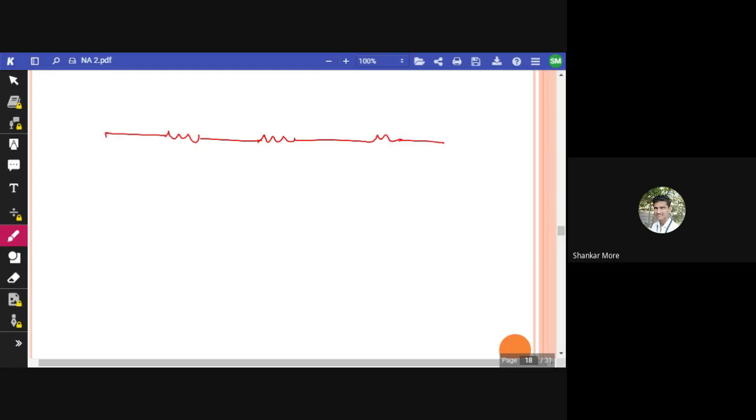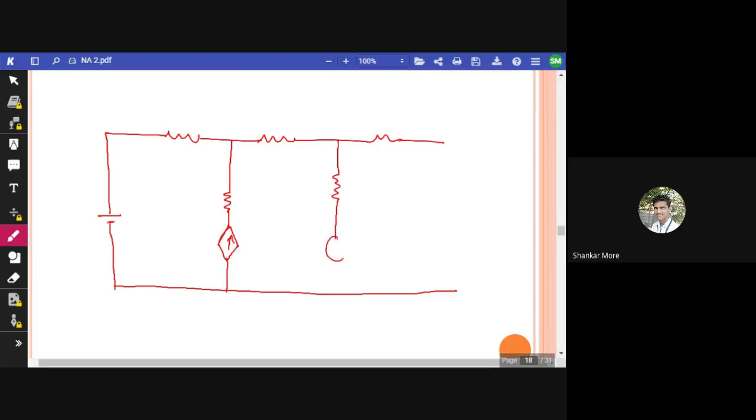And here we have the voltage source, and then we have a resistance here, and a dependent voltage source. Sorry, it is a current source, my bad, it is a dependent current source. Again we have a resistance here, and we have an independent current source again here. All right, and we have RL here.